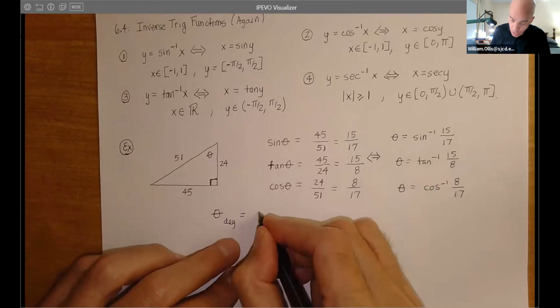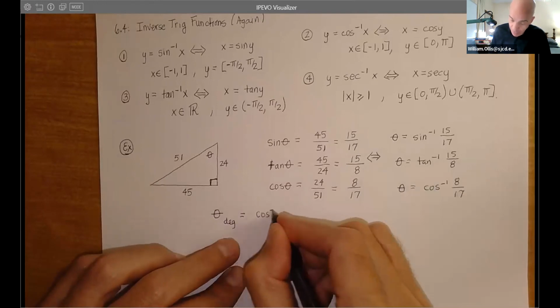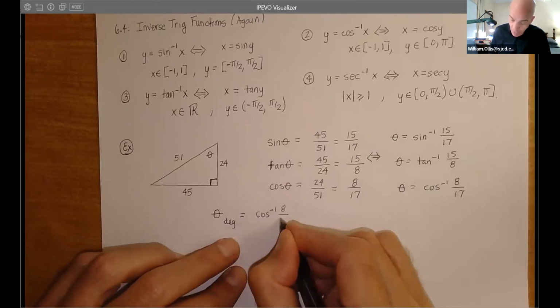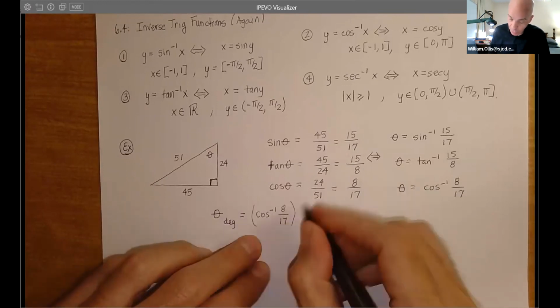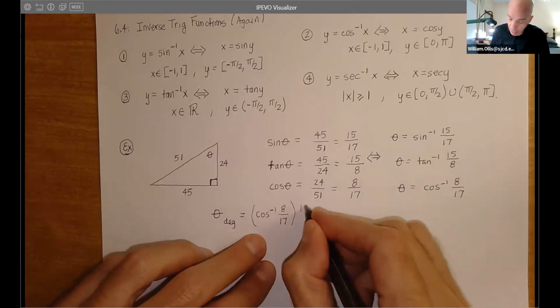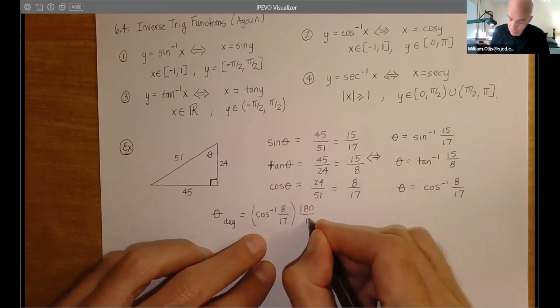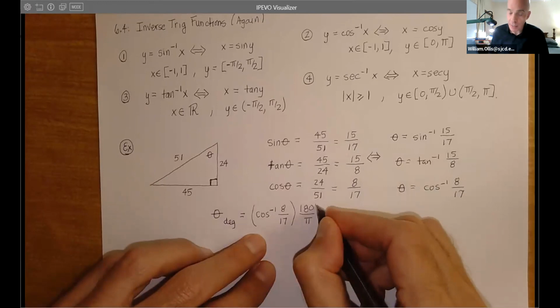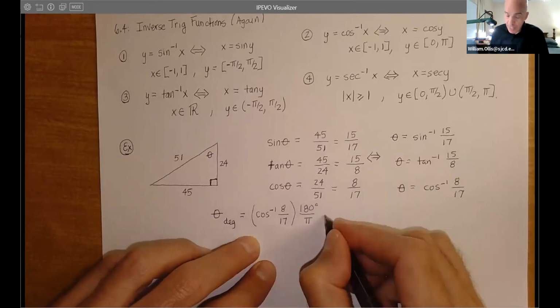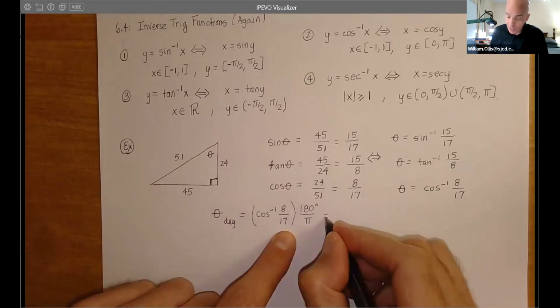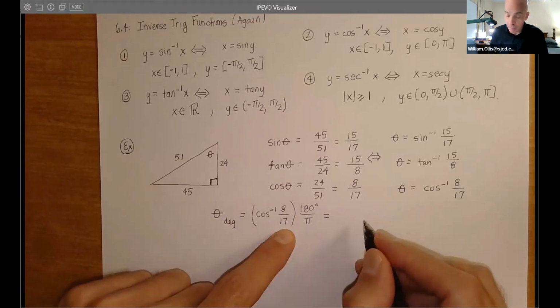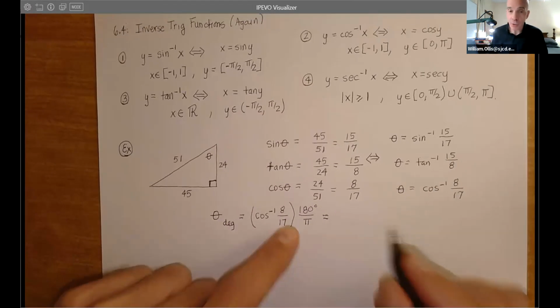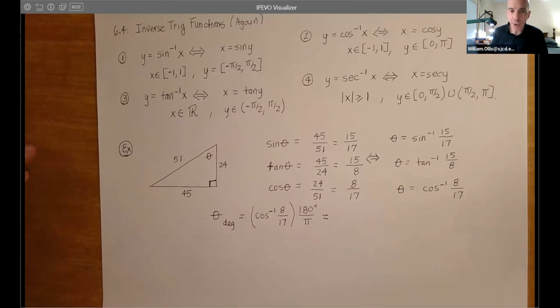We'll have inverse cosine of 8 over 17 where this is processed in the radian mode, and then we would do the conversion. This would give us 180 over pi, thinking of that in terms of degrees. Now, this would be a calculation that we were doing if we weren't using a degree mode on our Google calculator. So let's go to that and just compare what we can do.